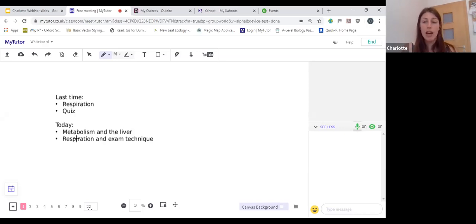And then we also looked at anaerobic respiration, so what happens when you don't have enough oxygen and how you can convert glucose to lactic acid as a kind of middleman before you finish converting it to carbon dioxide and water.